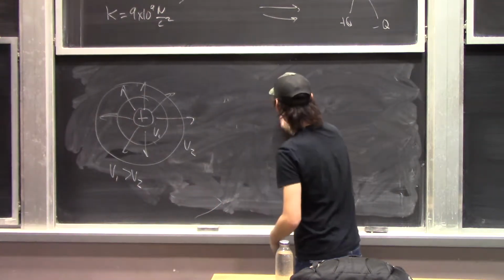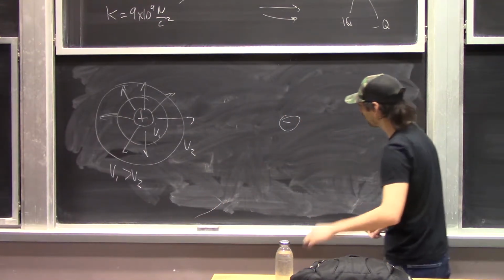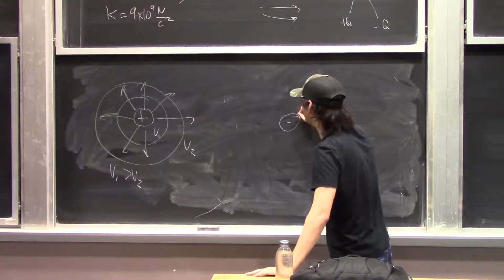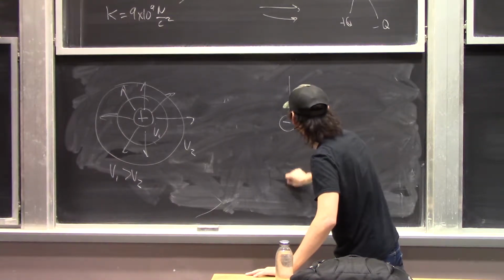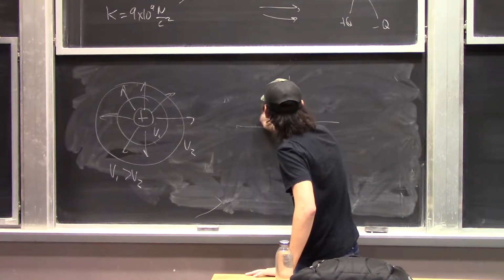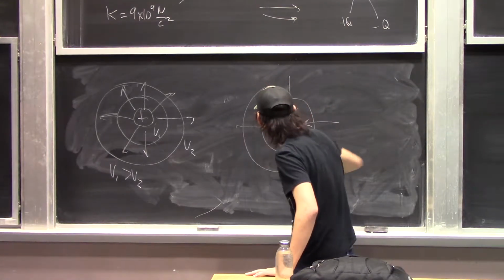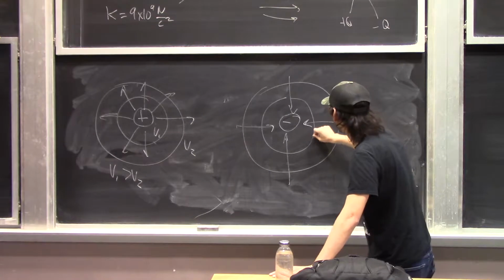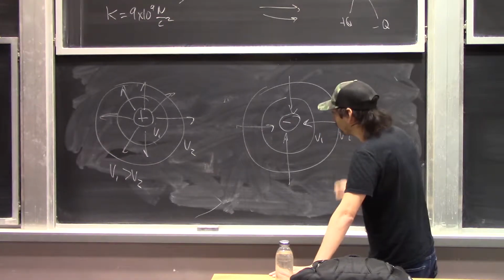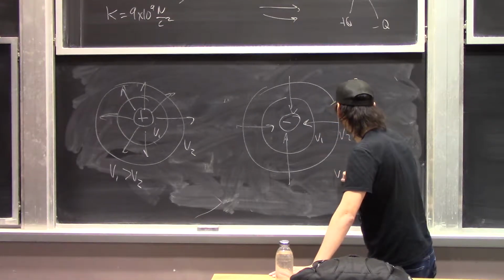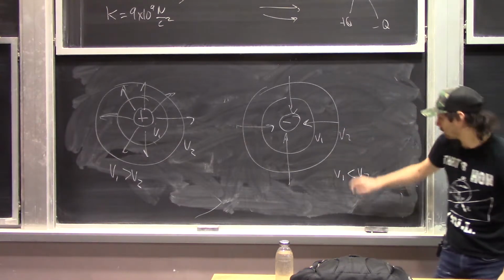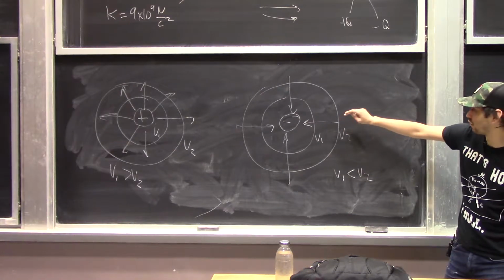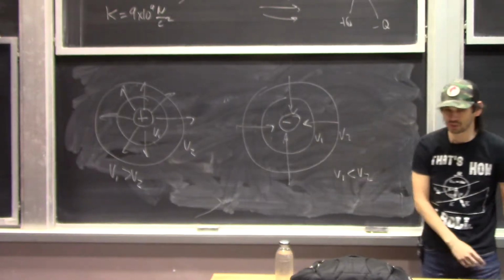If we had a negative charge here, then again we draw our electric field lines. Here the electric field lines go in, and then our electric potential contours. Again, if we label this V1, V2, in this case V1 is going to be less than V2, because the electric field lines are pointing from higher potential to lower potential.